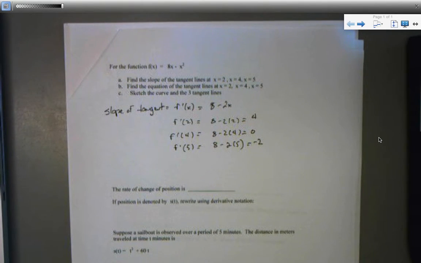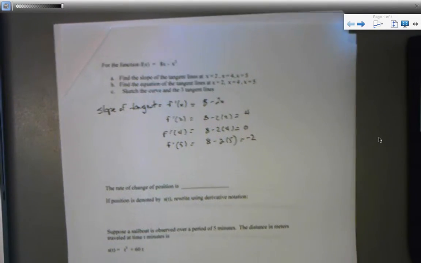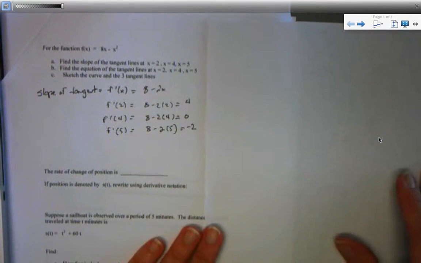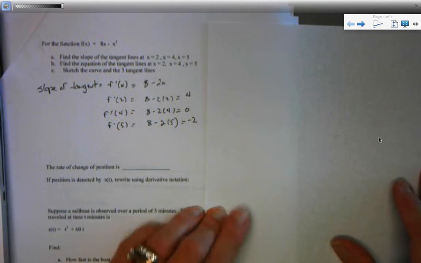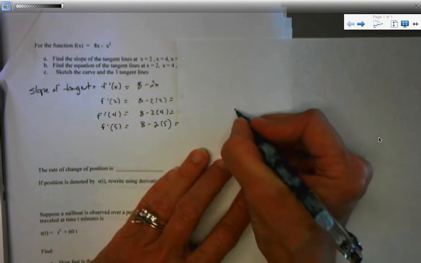Then the next thing it asks for is to find the equation of the tangent lines. So I'm going to get some extra paper to write out the equation of the tangent lines. And for the equation of the tangent lines, we're going to use point-slope form.